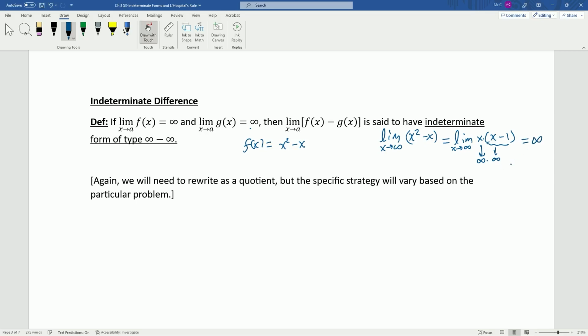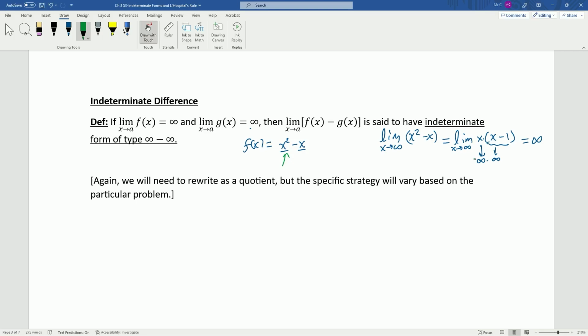So the result is actually infinity. So the issue comes in here that although these are both approaching infinity, this x squared is growing much faster than the x to the first power. So because it's growing so much faster, it dominates the behavior of the function. And hence we just get infinity for our limit.